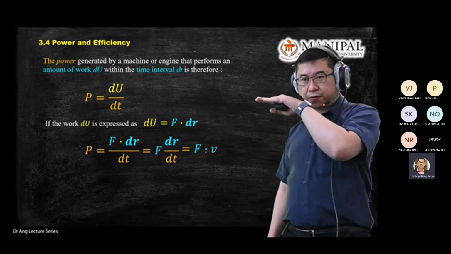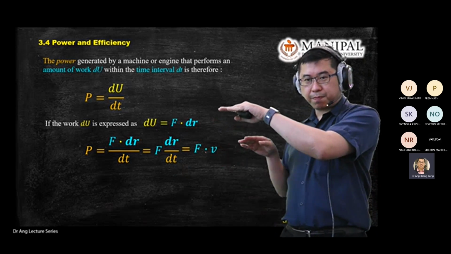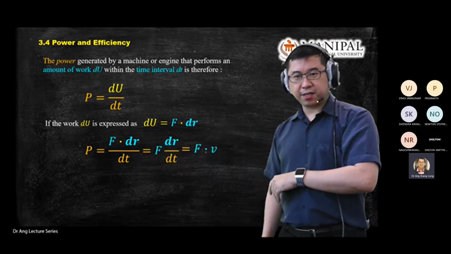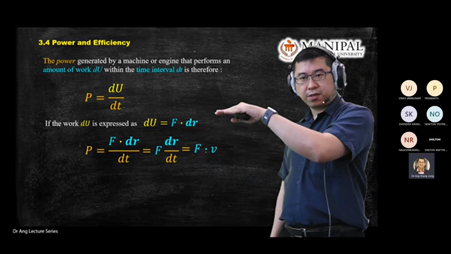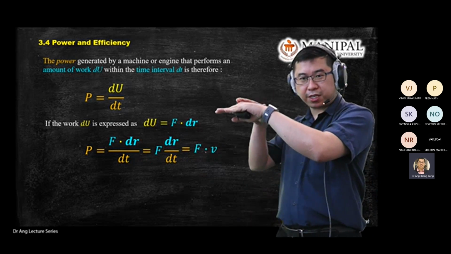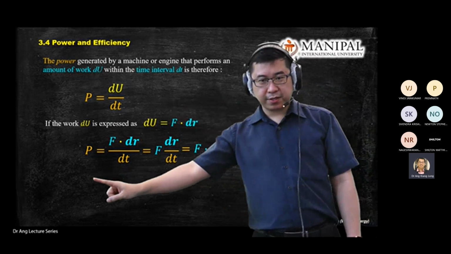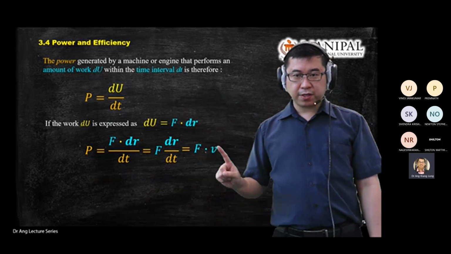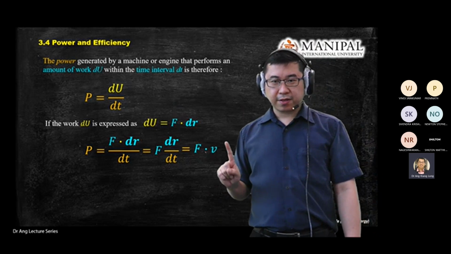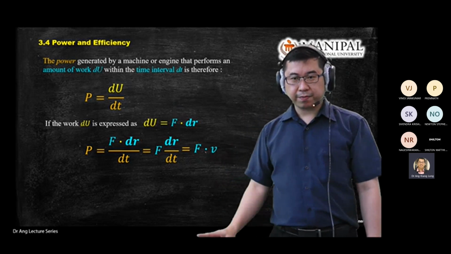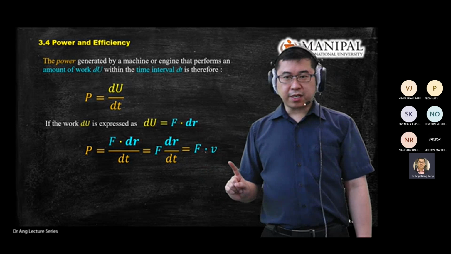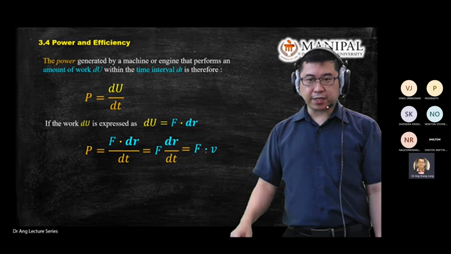Okay? Force multiplied by displacement, you get work. Force multiplied by velocity, you get power. See the unit.